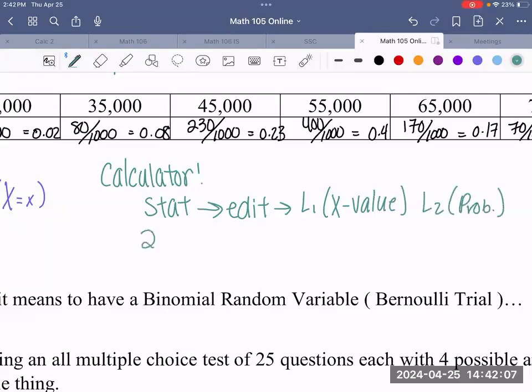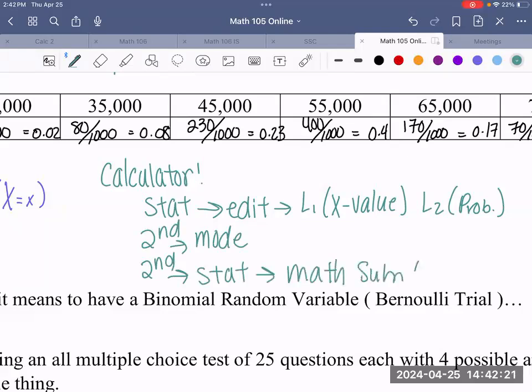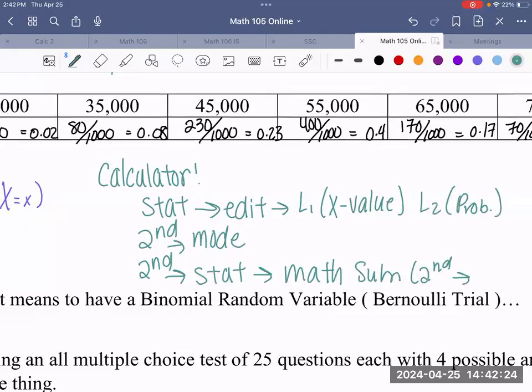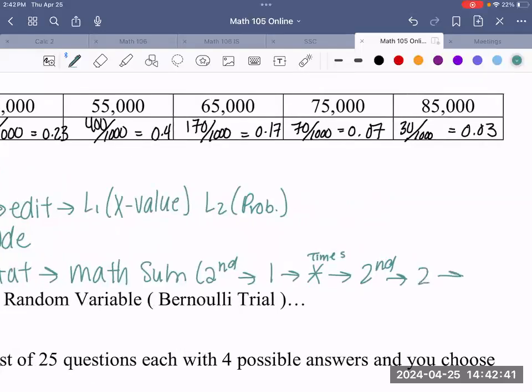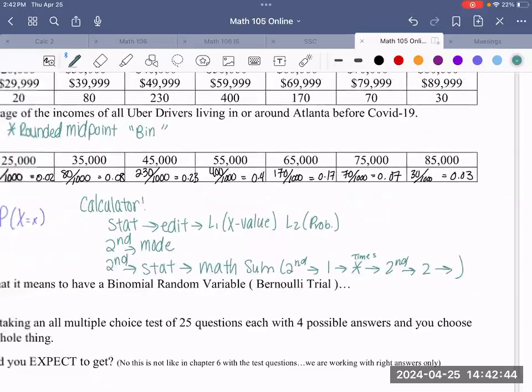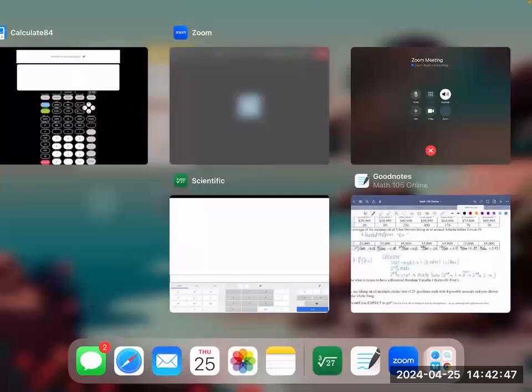And then we're going to hit second mode, and then go back to second, stat, math, sum, second 1, times second 2, close parentheses. So this is what we're going to punch in. Now what that looks like.